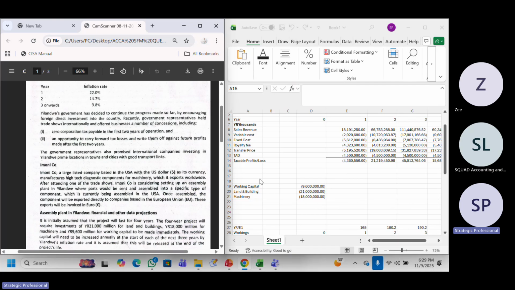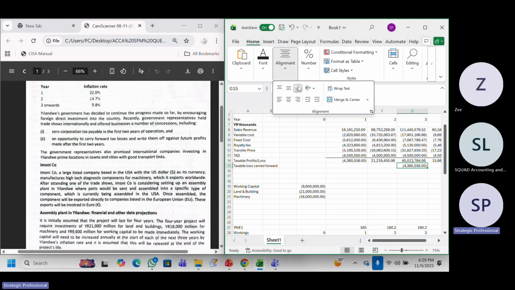It means that this tax loss carried forward, taxable loss, not tax loss, taxable loss carried forward, I can carry forward after 2 years. So I'll bring it here, come here, and create a line for it.